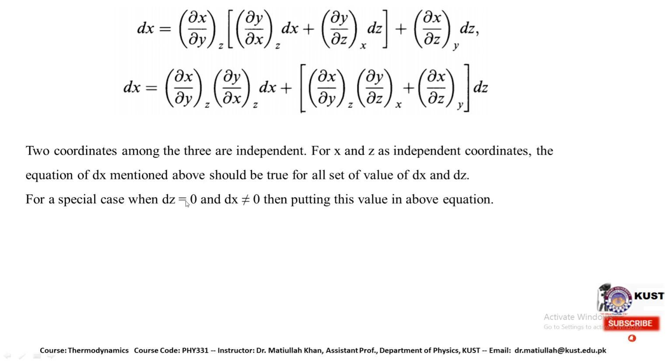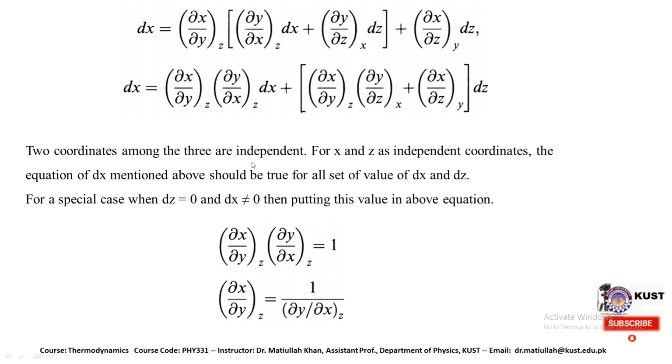After putting these two values, the resultant equation is such that this part will vanish because of the dz value, and we will have only this value. So this will cancel with this one. We will get an equation like this: the change in x with respect to y when z is constant, and similarly the change in y with respect to x when z is constant, will become equal to 0. And in the same way, if we divide both sides by the change in y with respect to x when z is constant, we will have this equation.